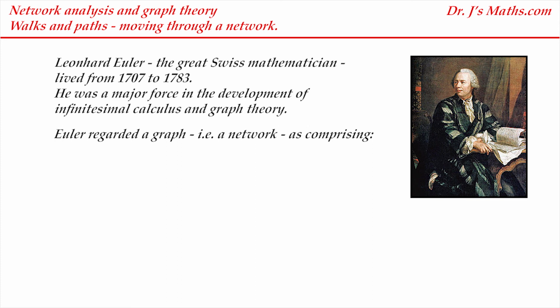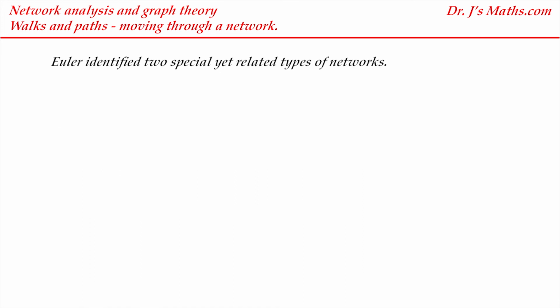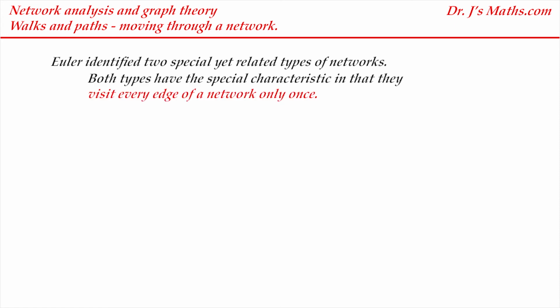Euler regarded a graph, that is a network, as comprising nodes, edges, and regions. In other words, the areas inside or outside the edges. Amongst all sorts of other things he did, Euler identified two special yet related types of networks. Both types have the special characteristic in that they visit every edge of a network only once.